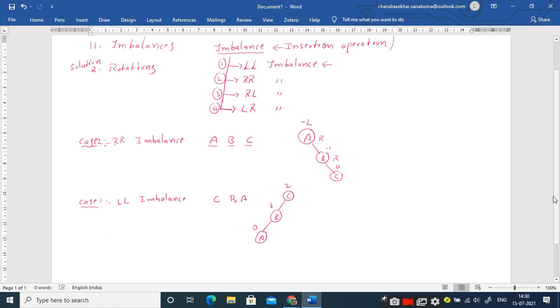So you can observe here that C has a balance factor of +2 which is not in the range, therefore an imbalance has happened, and this imbalance has happened because I have inserted a left element to an already left element, so it is called left of left imbalance. Is it clear up to this point? Yes, sir.